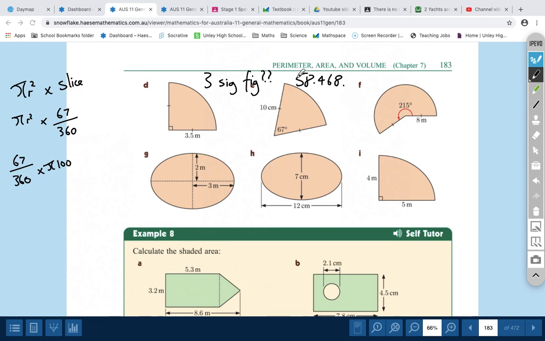Is that a significant figure? Well, yes, that first one is. So it's not the same as 3 decimal places. 3 significant figures would be 58.5. These are centimeters. Don't forget the little squared. All right, thank you for watching.